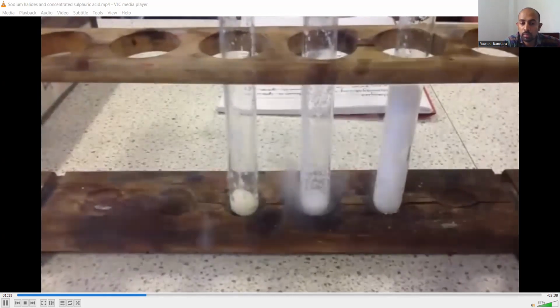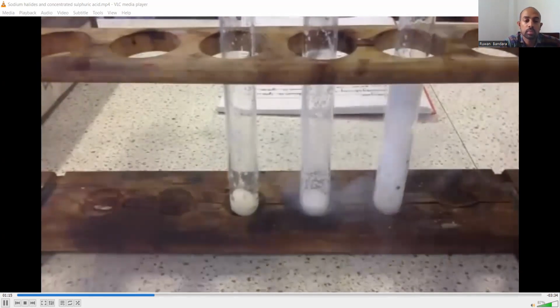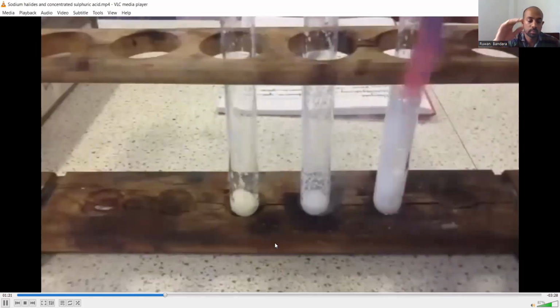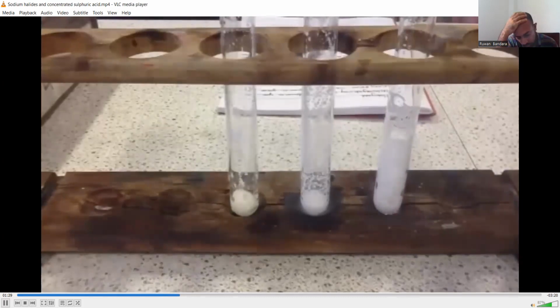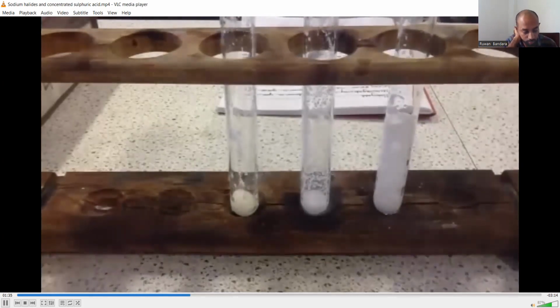Damp blue litmus paper, here we go. That was put into the gas and it's gone red. So the identity of the gas is HCl. Do you want to put the fume cupboard on? Press fan.